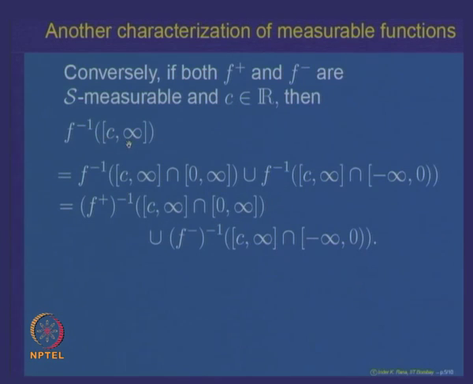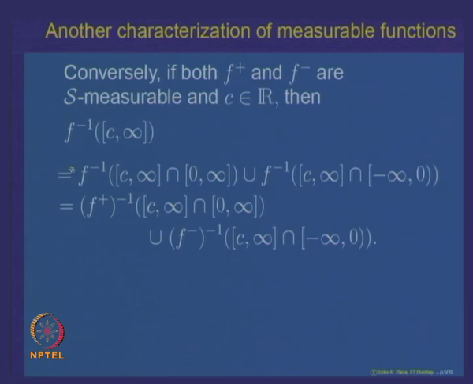So, f inverse of c to infinity is nothing but the inverse image of the interval c to infinity intersection 0 to infinity, the part of the interval which lies in the positive part, and the inverse image of the part of the interval which lies in the negative part. In the first part we are looking at whenever the function is in 0 to infinity, that means the function is non-negative.